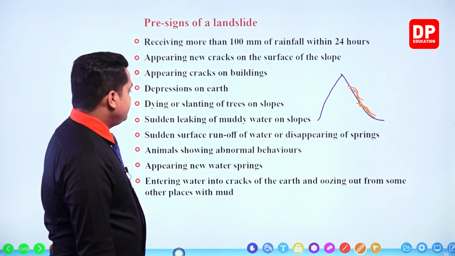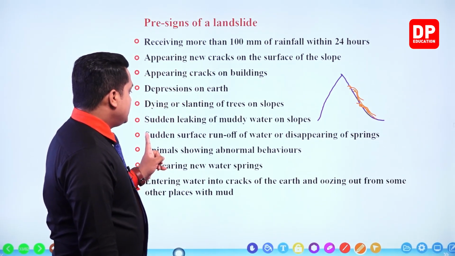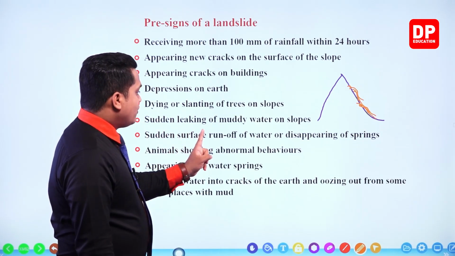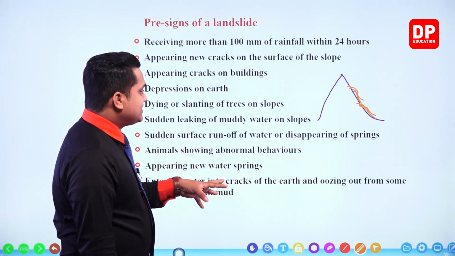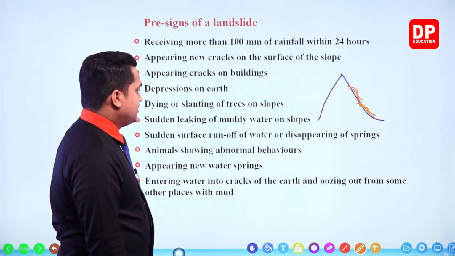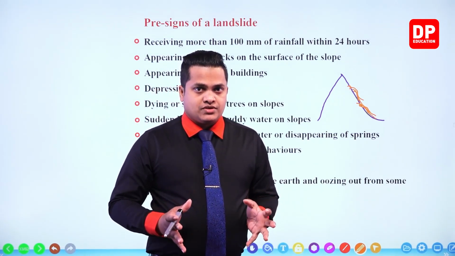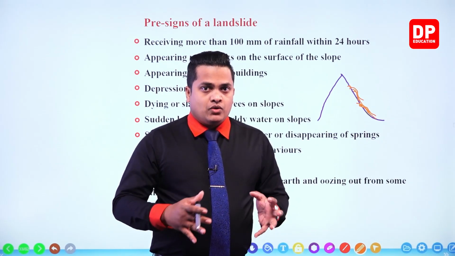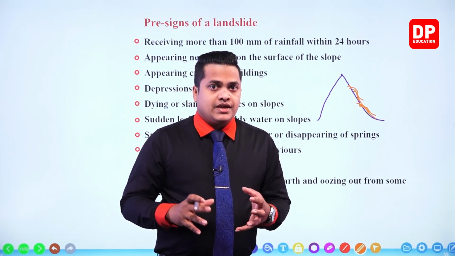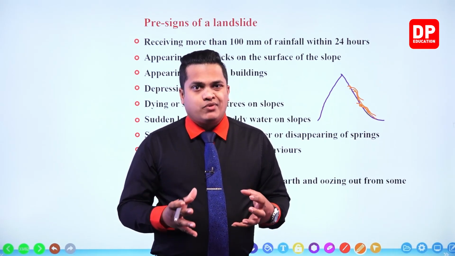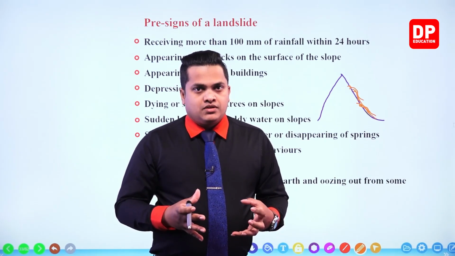Then, sudden surface runoff of water or disappearing of springs. Sometimes, my dear children, there can be water sources at the top of the mountain or at a certain level of a mountain. There can be water sources like ponds, small ponds, right?